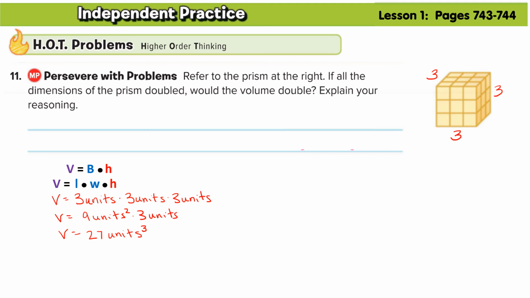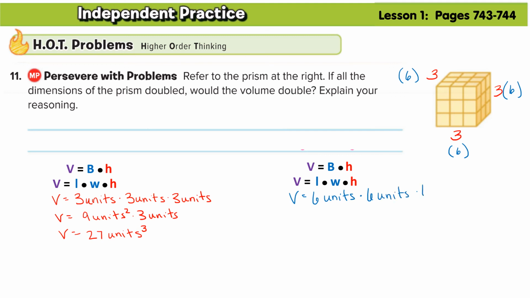So 3 times 2 equals 6. All right, so we have our new problem. The volume is going to be 6 units times 6 units times 6 units.